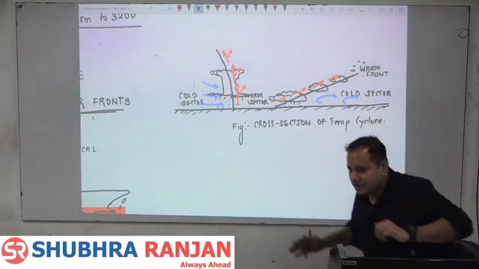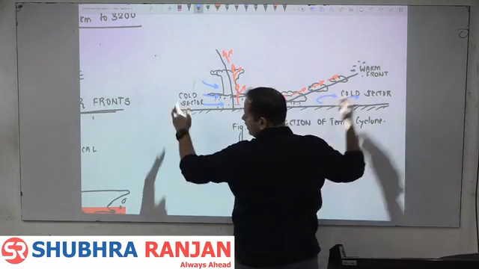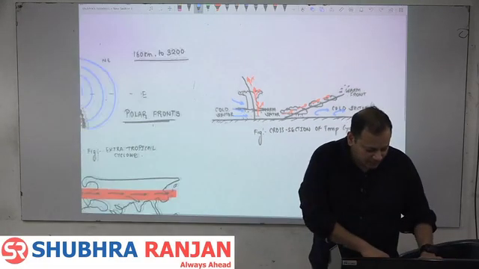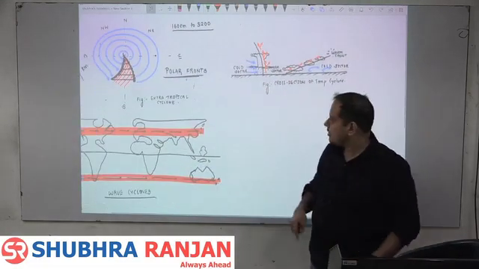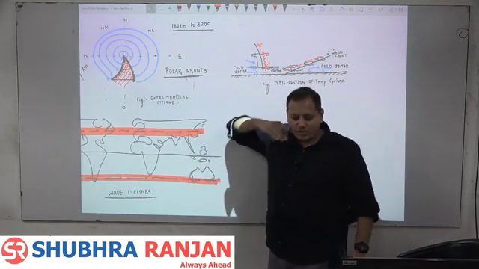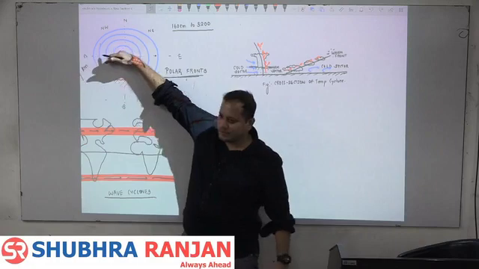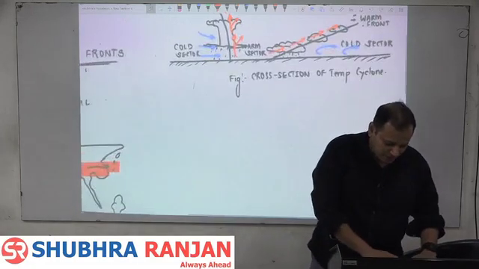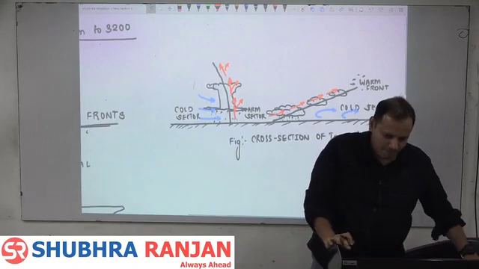This whole phenomenon is the temperate cyclone. This diagram is just the cross section view. Fine. So you can draw this diagram.